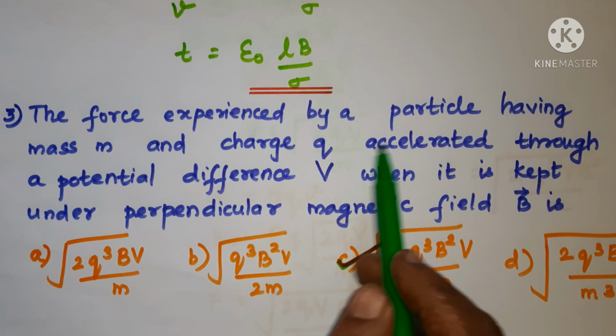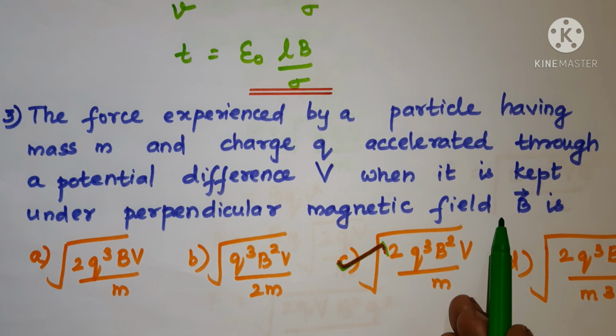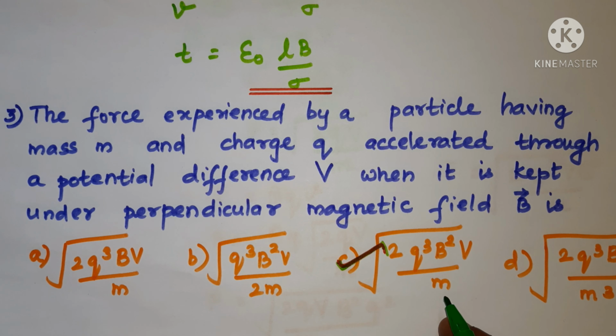The force experienced by the particle in the magnetic field is square root of 2Q cube B square V divided by M.